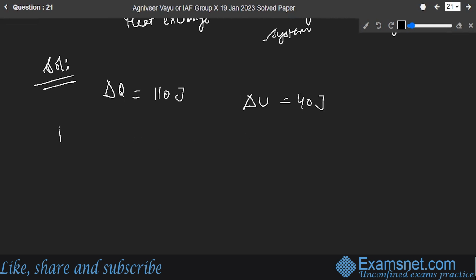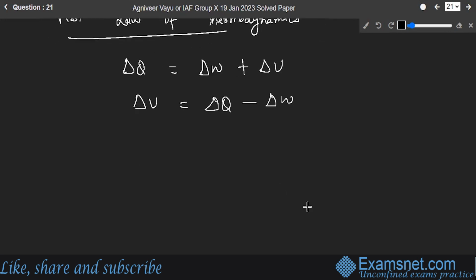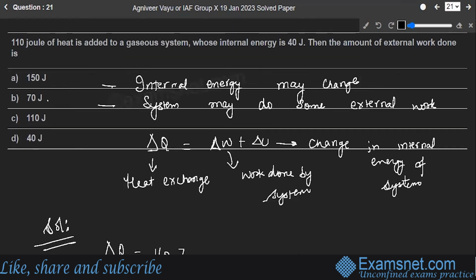So according to the first law of thermodynamics, delta Q is equal to delta W plus delta U, so delta U is equal to delta Q minus delta W, which is 40 joules is equal to 110 joules minus delta W, or delta W is equal to 70 joules, right? So option B is your correct answer.